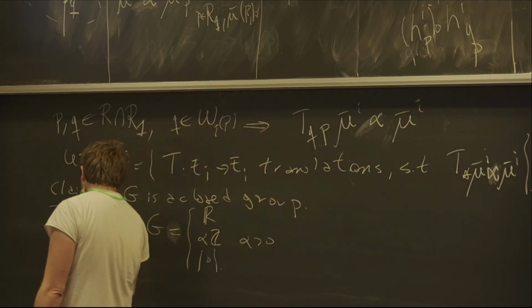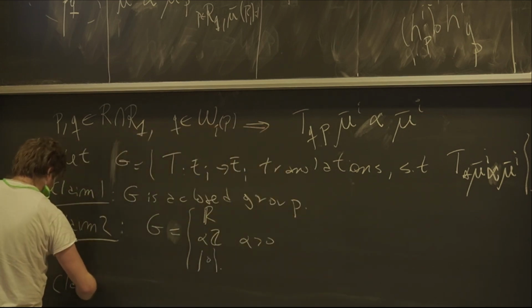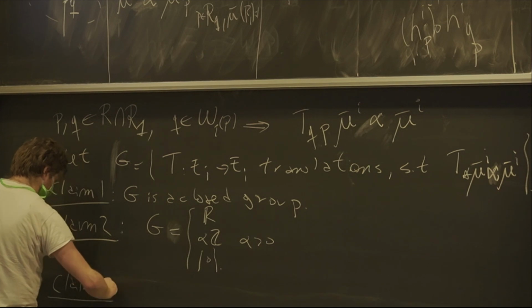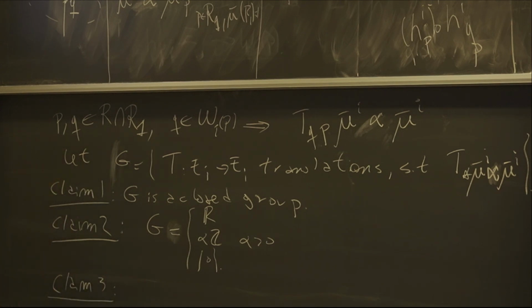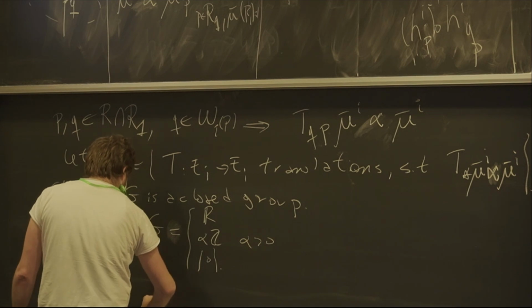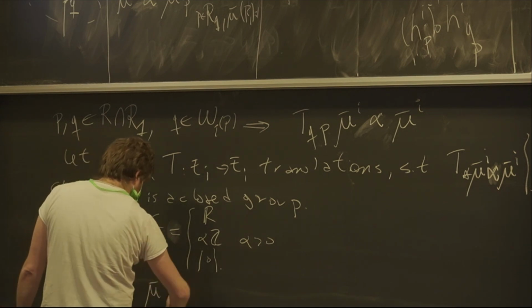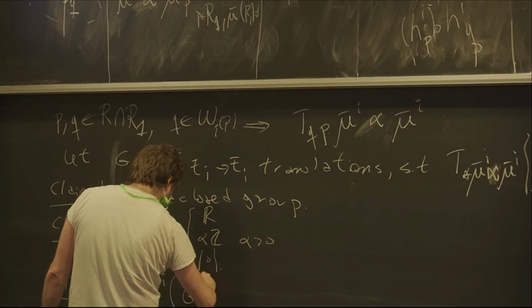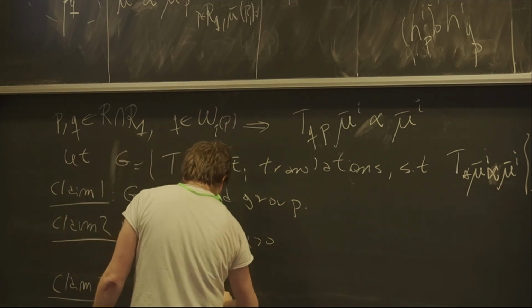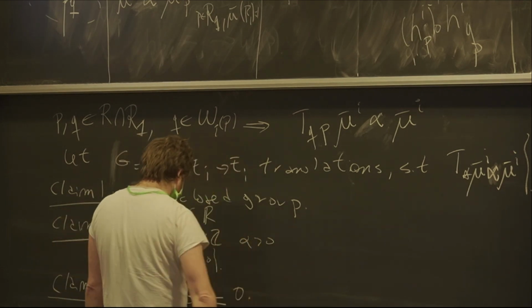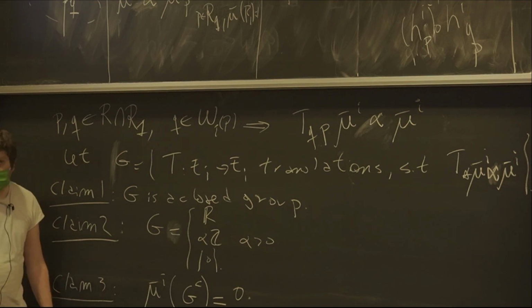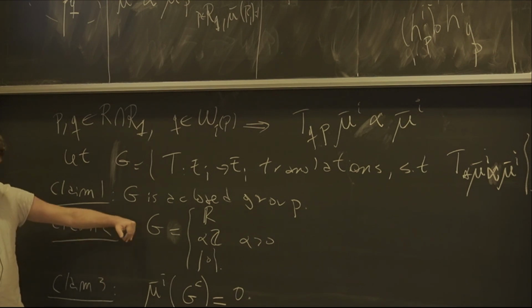Claim 3: mu bar I of G complement is 0. So the measure is supported on this group.